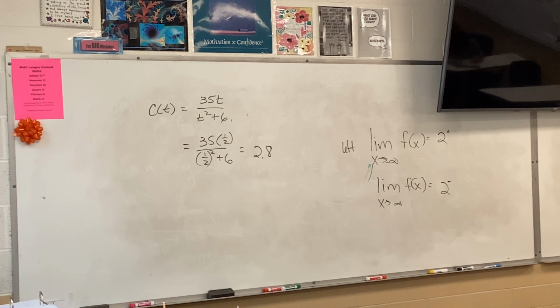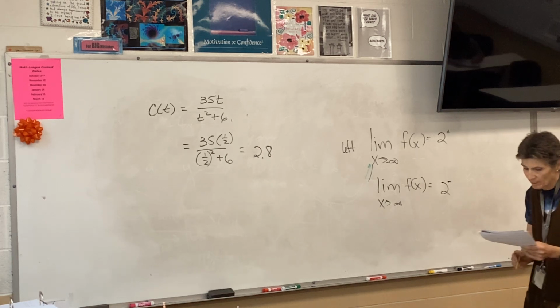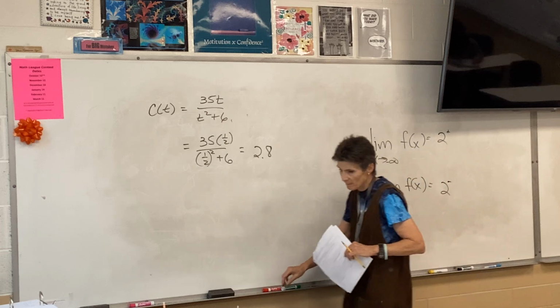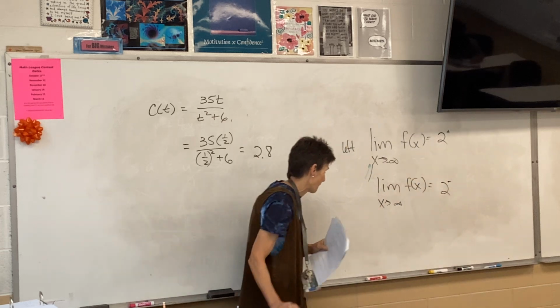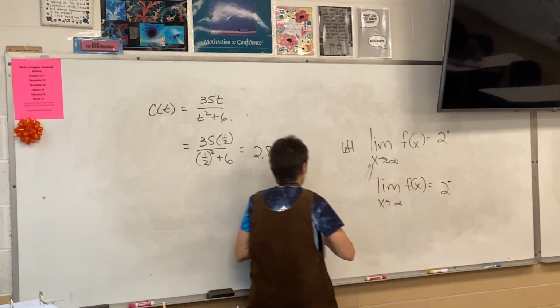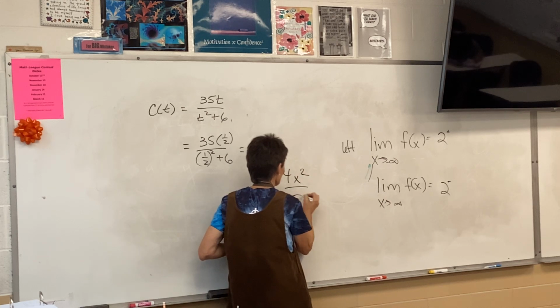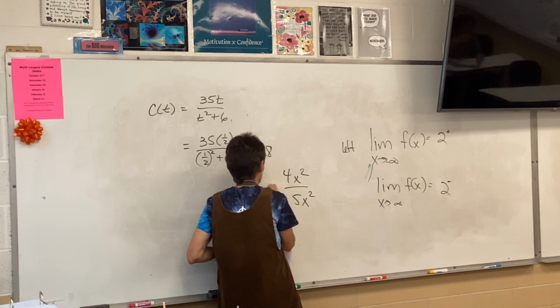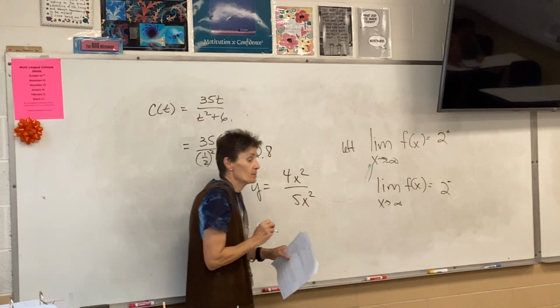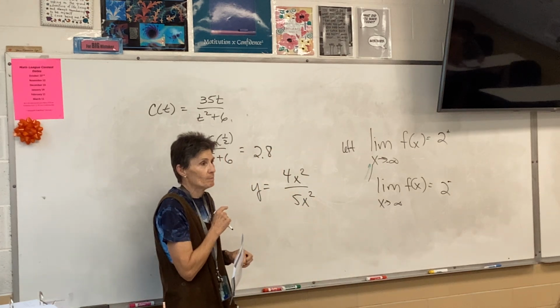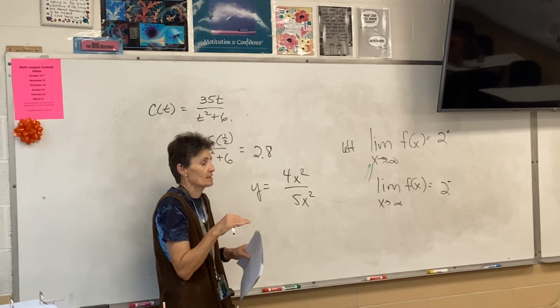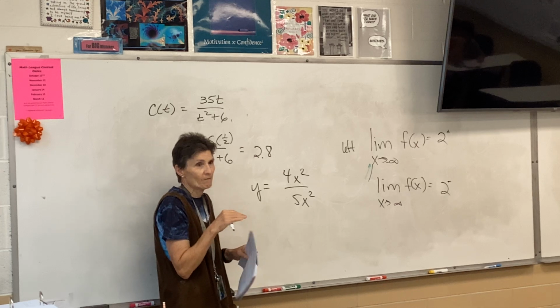All right, were you able to write the equation of a rational function where the limit's 4/5? Give me an example. What did you come up with? 4x squared over 5x squared? Now, we gotta be careful with that one because that really isn't 4x squared over 5x squared.